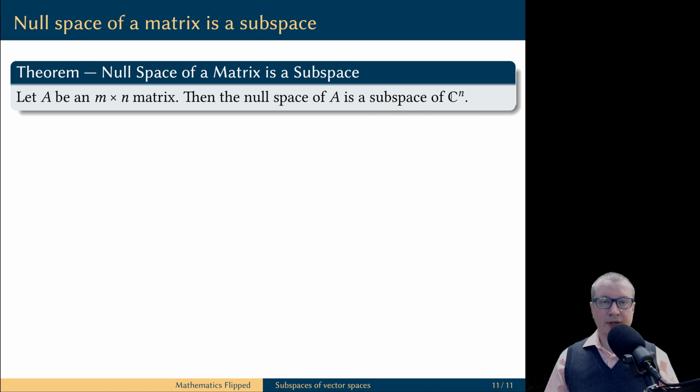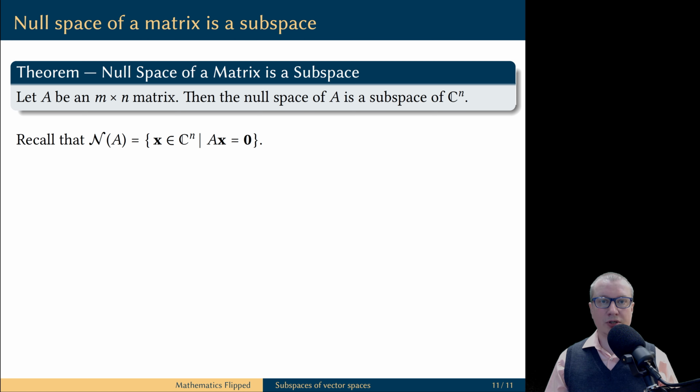And now we can justify the terminology for the null space of a matrix. We didn't call it just the null set, it was a null space. And now we can prove that in fact the null space of a matrix is indeed a vector space. It is a subspace of the space of column vectors of an appropriate size. For this proof, let's recall what the null space of a matrix is.